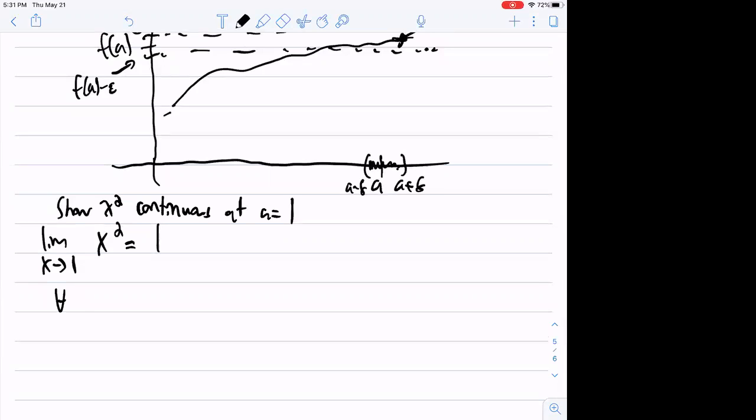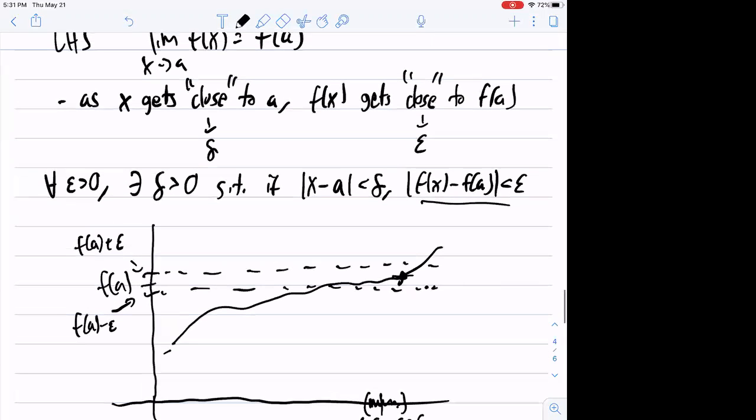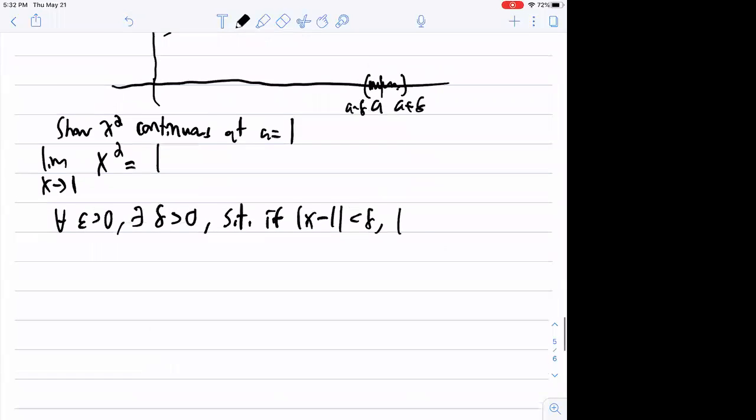It means for all epsilon bigger than 0, there exists delta bigger than 0, such that if |x minus a| is less than delta, where my a is 1, then |f of x minus f of a| is less than epsilon. f of 1 is 1, and f of x is x squared. So |x squared minus 1| is less than epsilon.